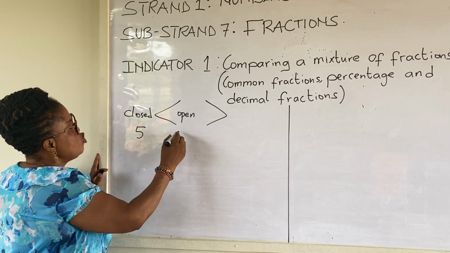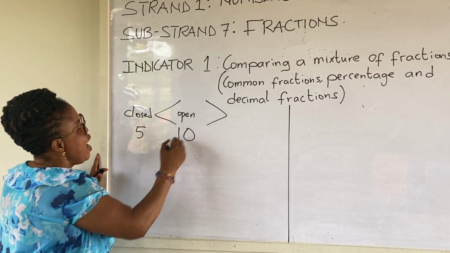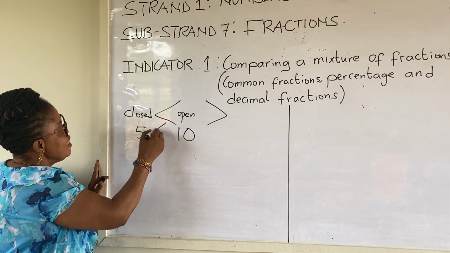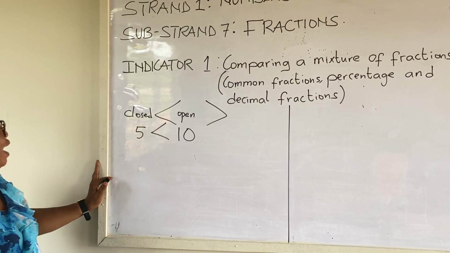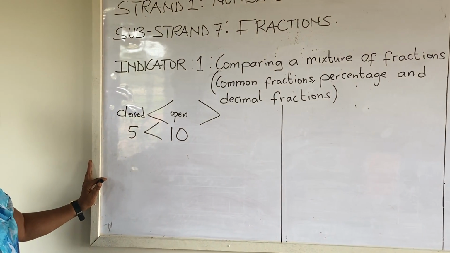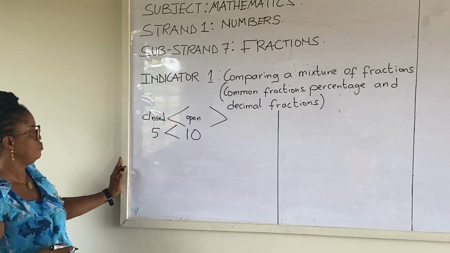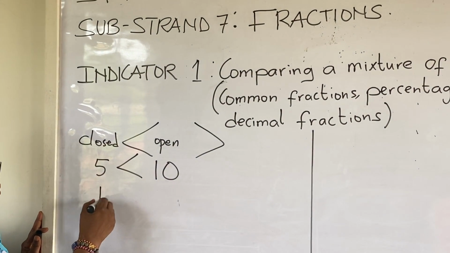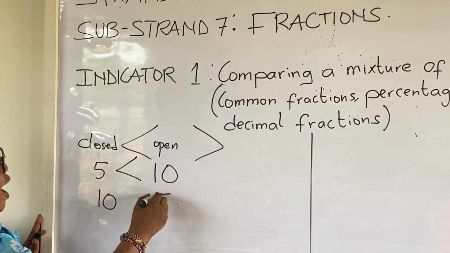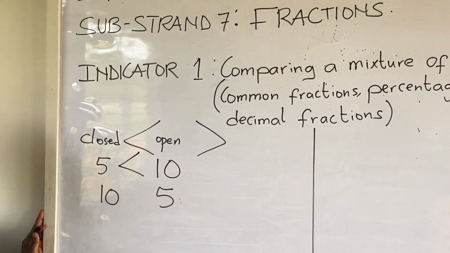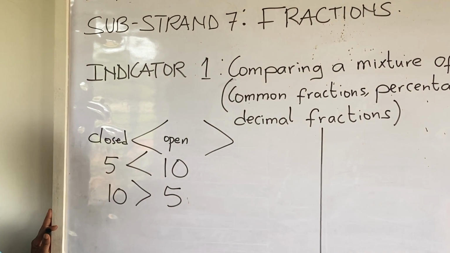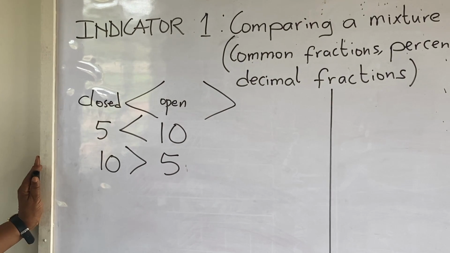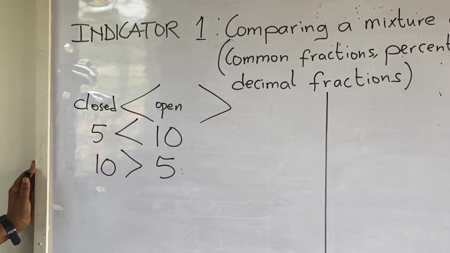Example, when we want to compare 5 and 10, the closed end faces the smaller number and the open end faces the bigger number. So even if the numbers are interchanged, and we have 10 and 5 here, we know that the open end always faces the bigger number and the closed end faces the smaller number.